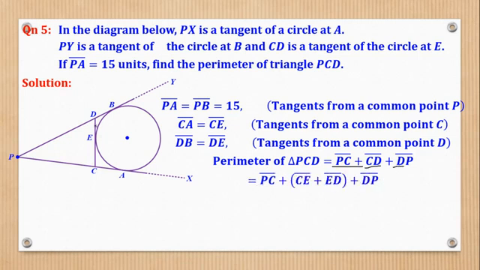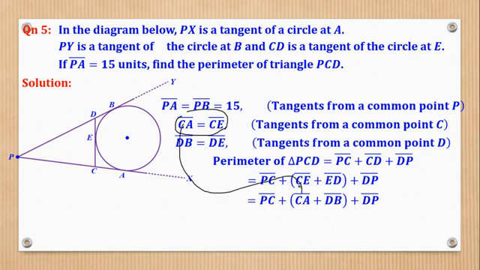Then this CD, if you look at it, is divided into 2. There is CE and DE, which is this. Okay. Then from here, CE is equal to CA. Then ED is equal to DB.